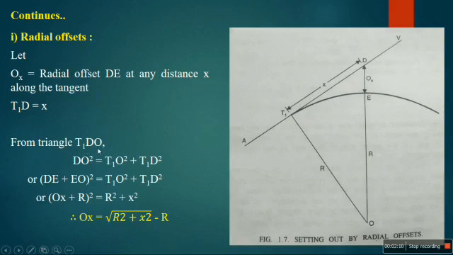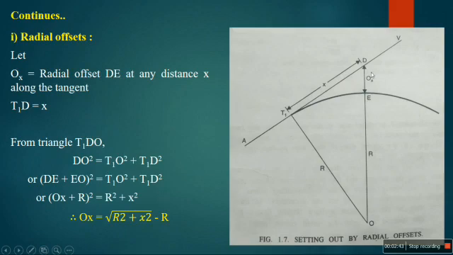From triangle T1OD, we can apply the Pythagoras theorem here. DO square is equal to T1O square plus T1D square. Instead of writing DO, we can write it as DE plus EO.